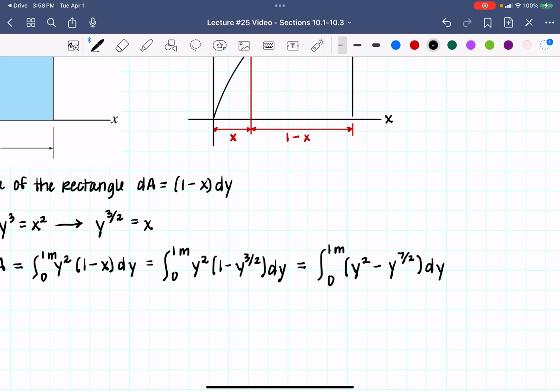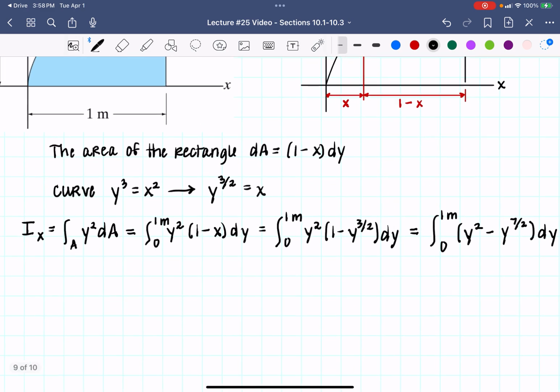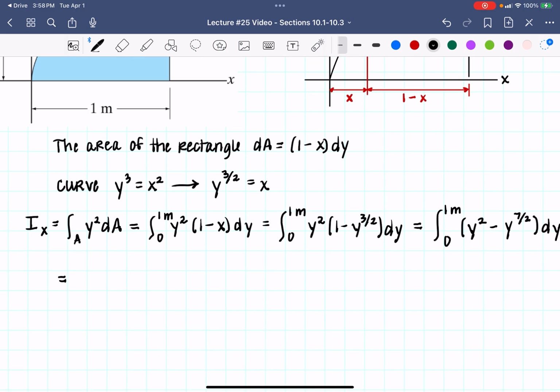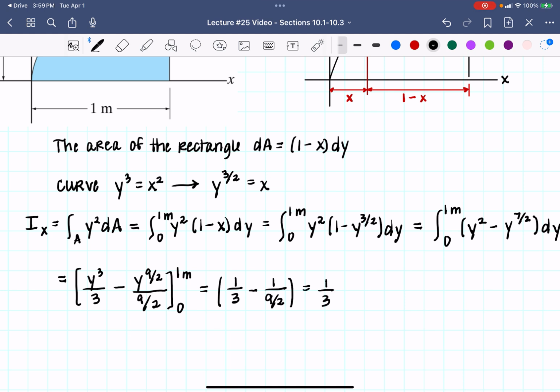And I can integrate those pretty easily, so I'm going to end up with y cubed over 3 minus y to the 9/2 over 9/2, from 0 to 1, which ends up equaling 1/3 minus 1 over 9/2, which equals 1/3 minus 2/9, or 1/9.